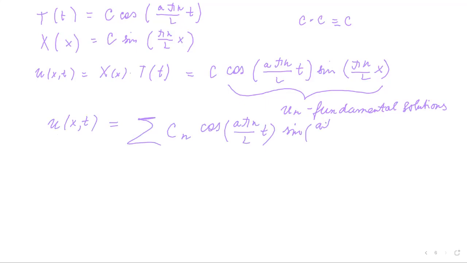There is no i in the sine, actually. Why do I put Cn here? For different n's, I'm probably going to have different constants, to separate them from each other. Now, what are n's? Well, n's are 1, 2, 3, 4, 5.